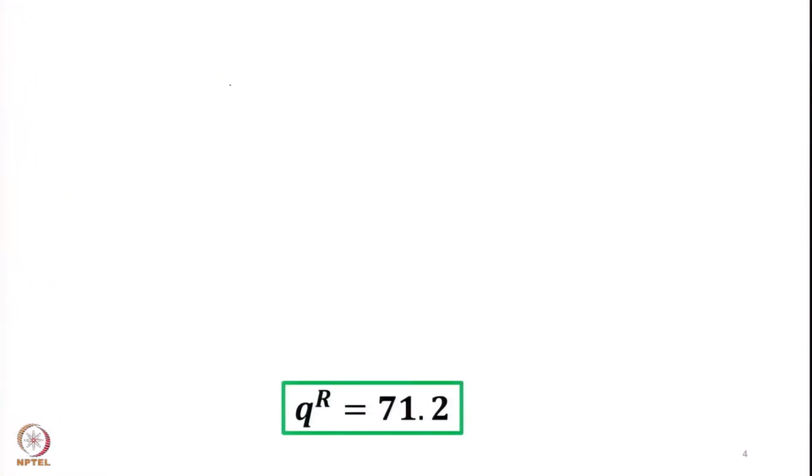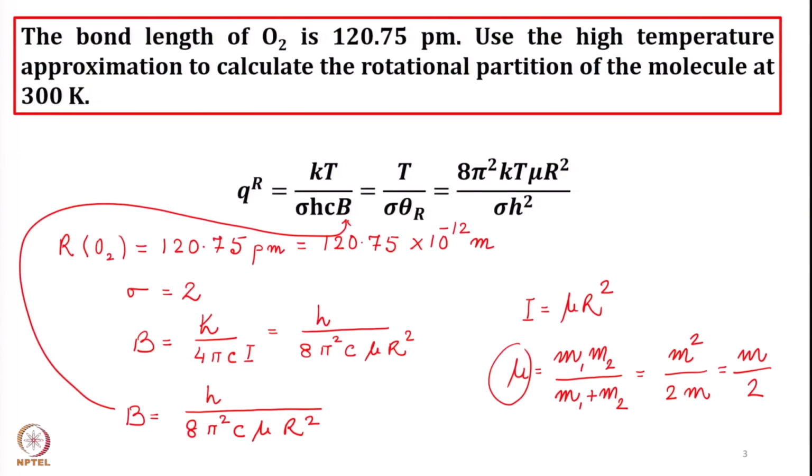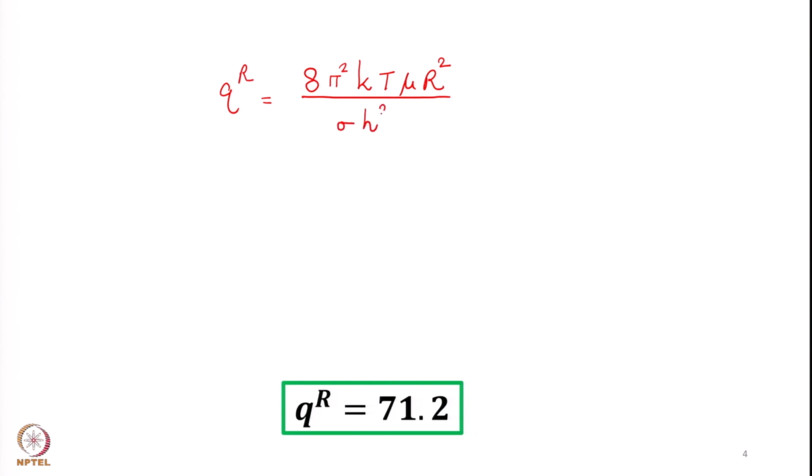Let us use this information. So, the expression that I am going to use is QR equal to 8 pi square K T mu r square divided by sigma h square. All right. So QR is equal to 8 into 22 by 7 whole square.